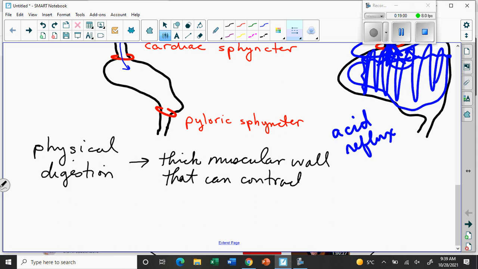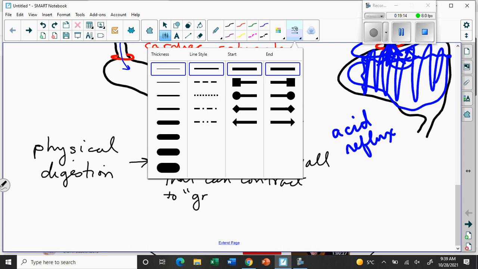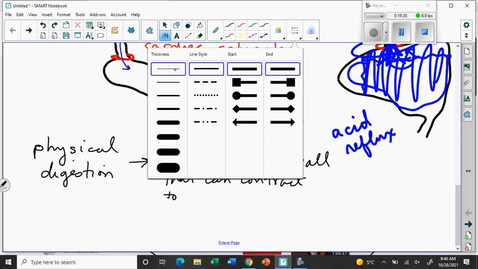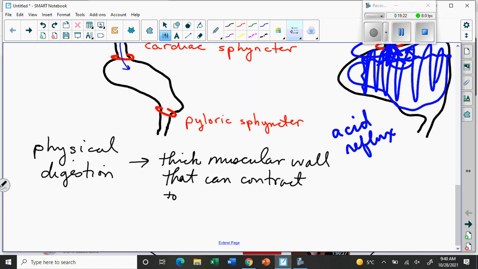Again, sort of rhythmically, right? It just kind of squeezes and contracts and contracts and squeezes. And so it essentially sort of grinds up food. I don't know if it really grinds. It doesn't rub anything against anything, like your teeth grind. Your stomach is more like kneading dough.